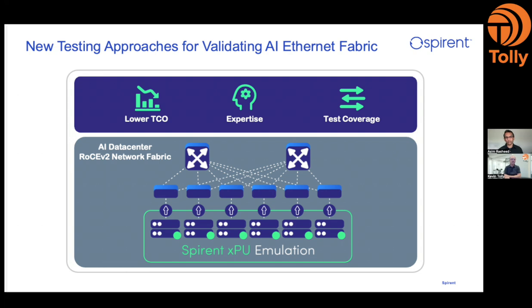That lowers the TCO, total cost of ownership. Spirent takes on the expertise part, and the test coverage is much wider and more specific to validating AI networks.